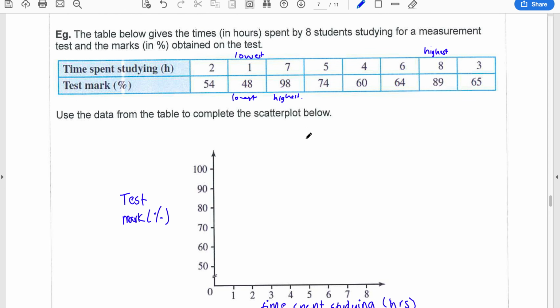So if our test mark that we were given to predict with was 100%, notice how that is higher than our highest value we had. So 100 being greater than 98. That means we're actually making a prediction beyond the data that we have.